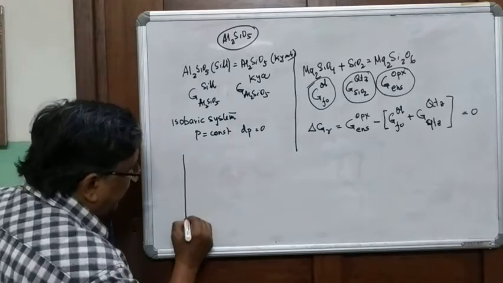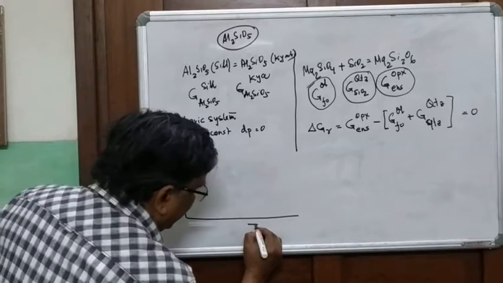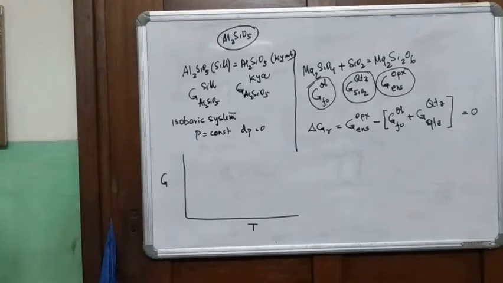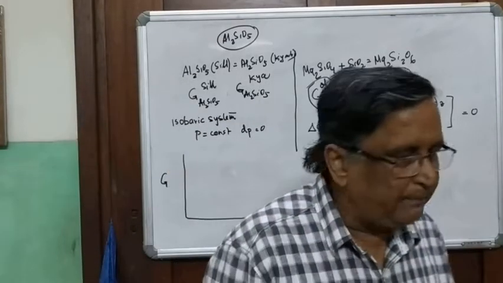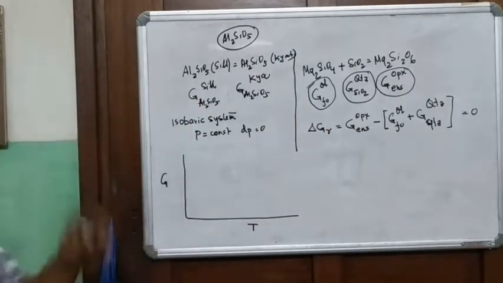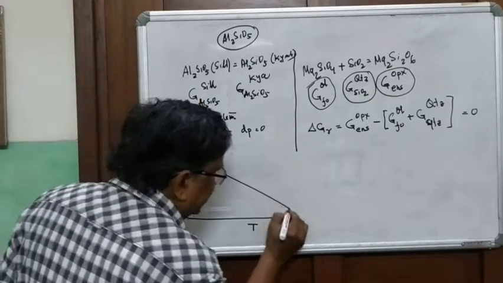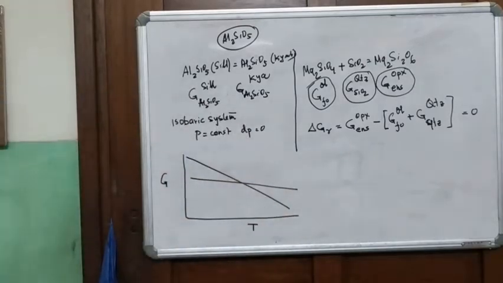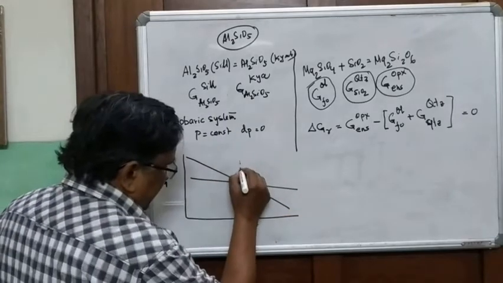Now you see, this equation, if this is G, temperature, and this is pressure, we know that sillimanite is the high temperature form, kyanite is the low temperature form. So I draw two reactions like this and like this.